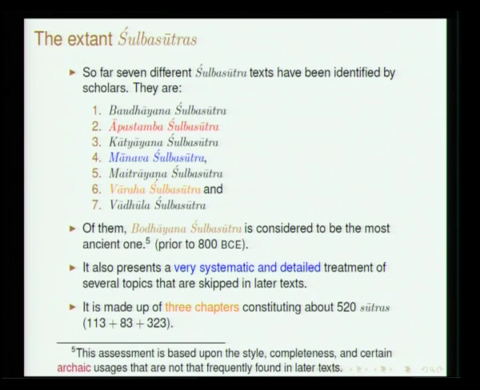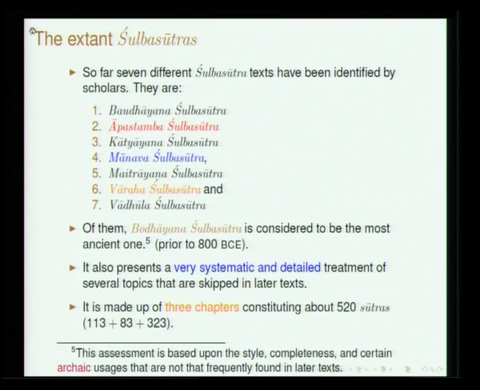According to scholars, Bodhayana Sulbasutra seems to be the earliest of the Sulbasutras available to us today. This is based on certain analysis with reference to the style, with reference to completeness, and with reference to the archaic usage found in those texts.